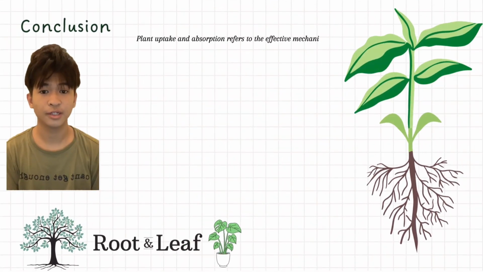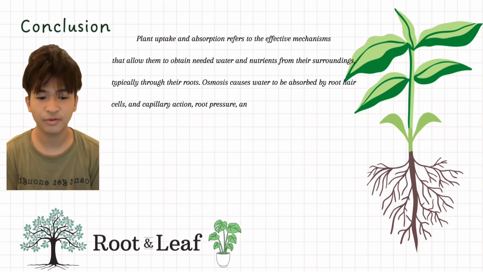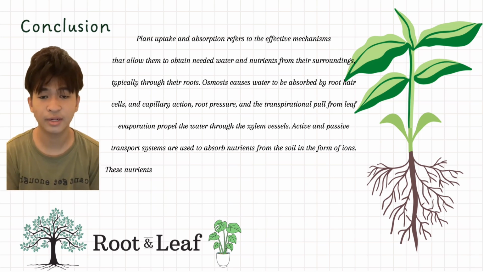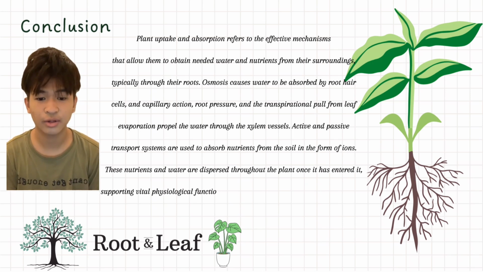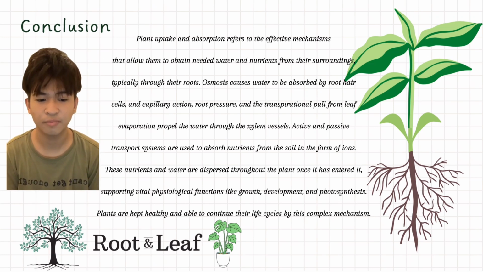So for the last presentation, we will talk about the conclusion. Basically, plant uptake and absorption refers to the effective mechanisms that allow them to obtain needed water and nutrients from their surroundings. Typically through their roots, osmosis causes water to be absorbed by the root hair cells, and capillary action, root pressure, and the transpirational pull from leaf evaporation propel the water through the xylem vessels.